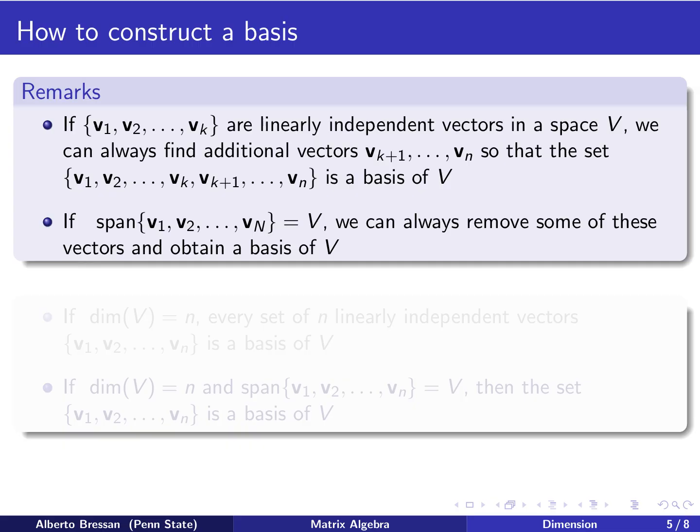If that is the case, we might have too many of them, there might be some linearly dependent elements in there. Then we can always use some procedure to remove some of these vectors and in the end obtain a basis of V. So these are two remarks regarding the basis of a vector space.